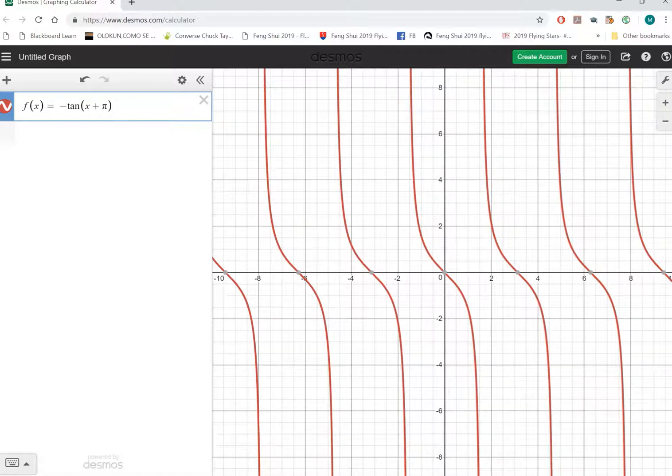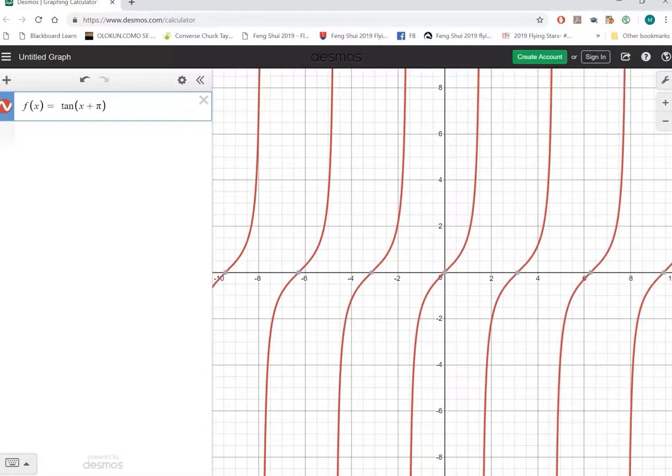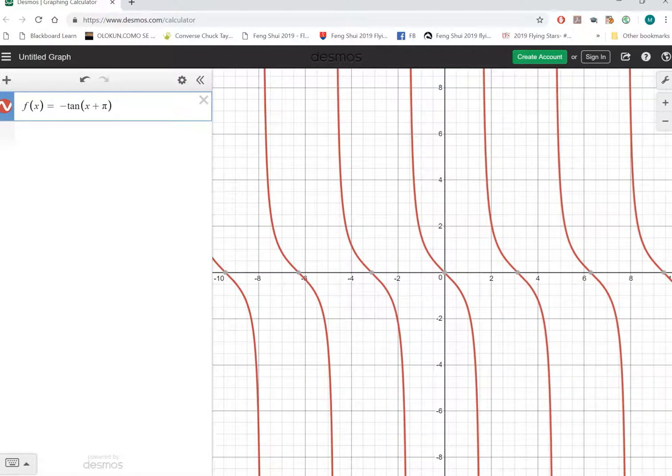So if you look at this particular question, you'll see that answer choice D is the only one that has the correct movement. And the reason I say that is, you see this negative, if I take it away, it goes the opposite. So tan always looks like this normally. If I have a negative, it goes the opposite. It looks like a cotan. So that's something to keep in mind.